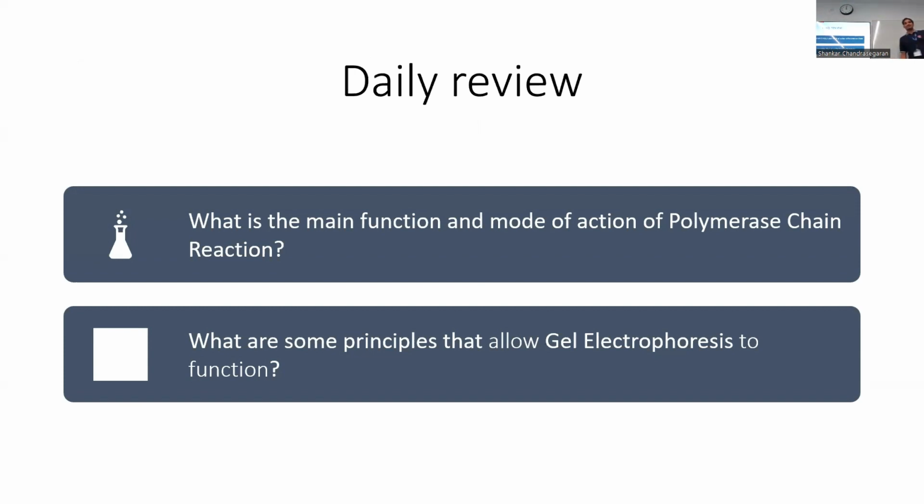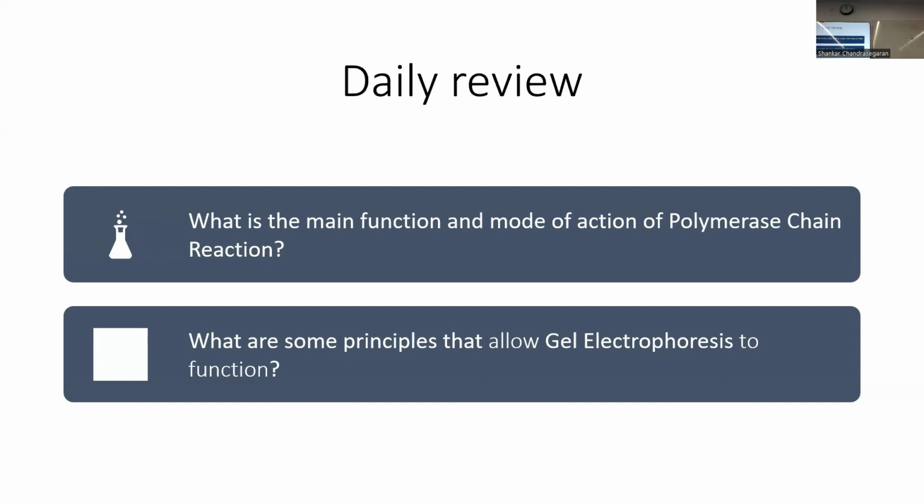So review question: what is the main function of polymerase chain reaction? If you had to give one sentence to summarize polymerase chain reaction, what would be the function? You could literally say it in 2 words.